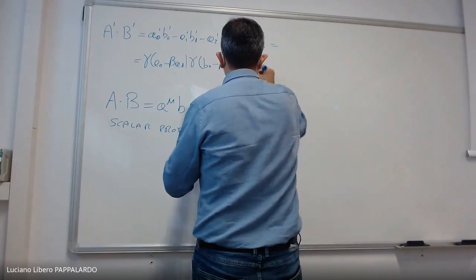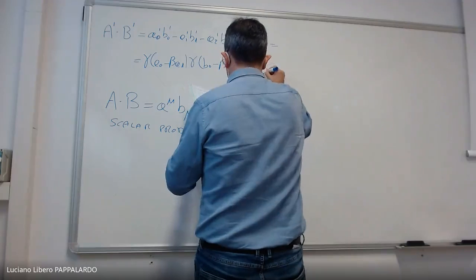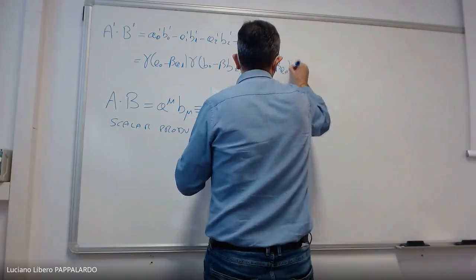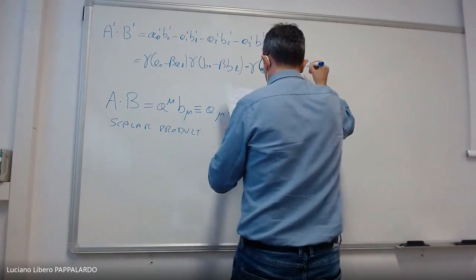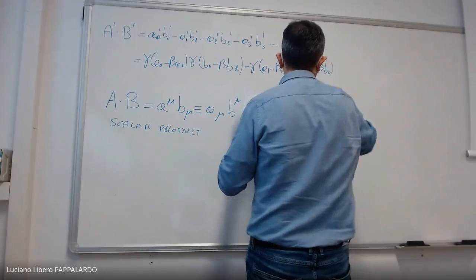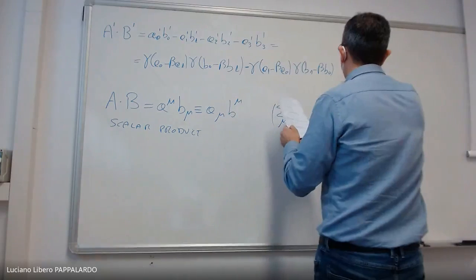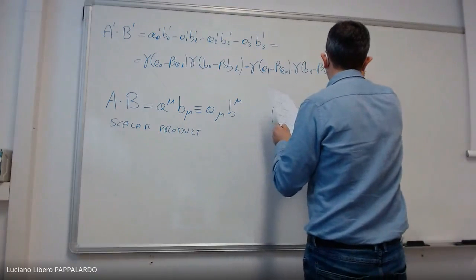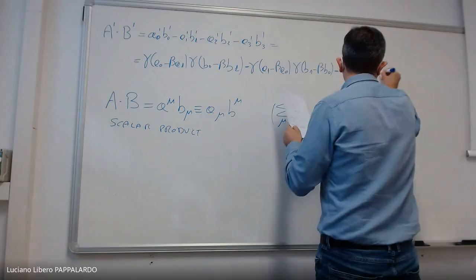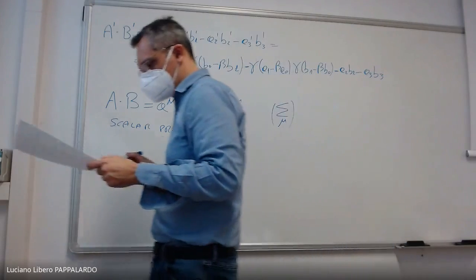Now again we have gamma (A1 minus beta A0) times gamma (B1 minus beta B0). Again, we are mixing the first two components. And then we have the unchanged terms, that is minus A2 B2 minus A3 B3.